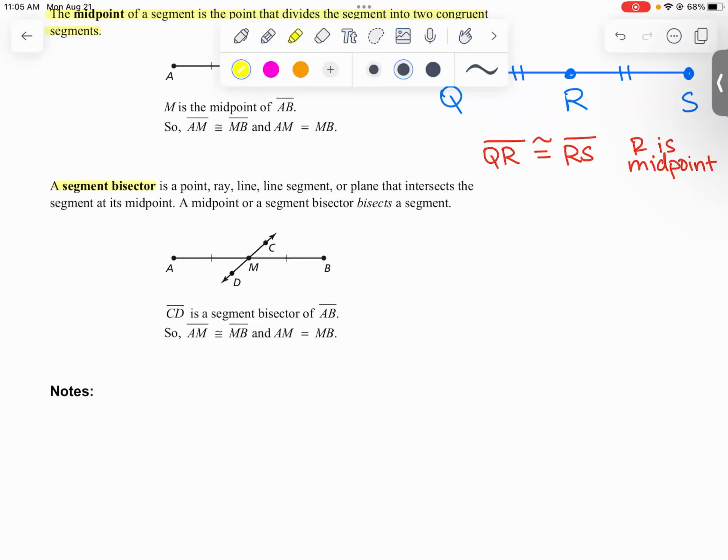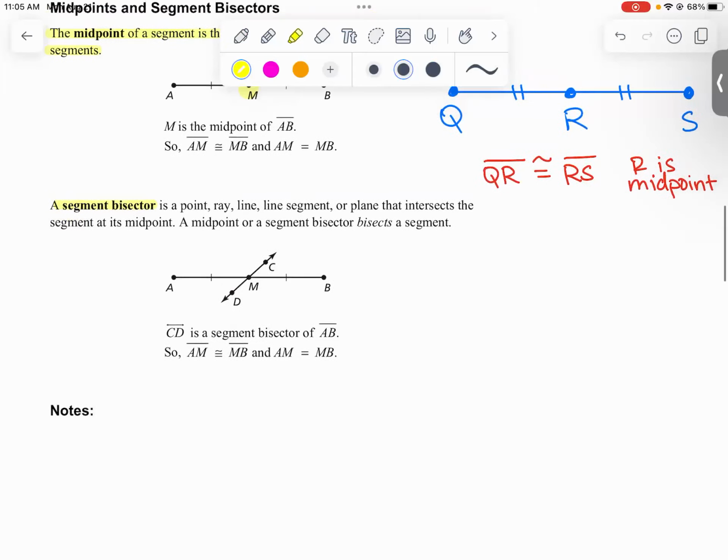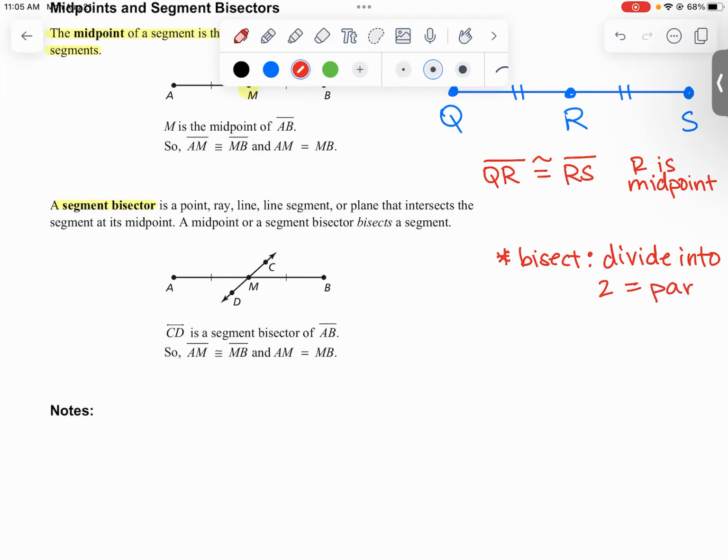It's going through the midpoint, cutting it exactly in half. Make a note to yourself that anytime you see the word bisect, it means divide into two equal parts.